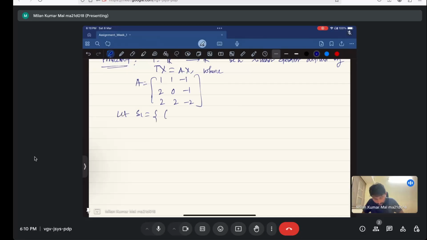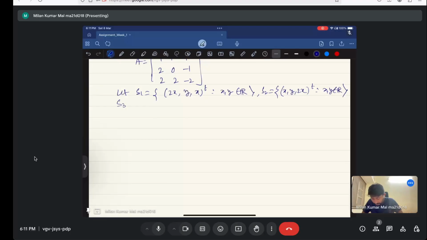S1 equals all the vectors of the form (2x, y, x) transpose, that is a column vector, such that x and y come from R, and S2 equals all the vectors (x, y, 2x) transpose such that x and y come from R. S3 equals (minus 2x, 0, x) transpose such that x comes from R, and S4 equals (x, 0, minus 2x) transpose such that x comes from R, are all subspaces of R3 cross 1.